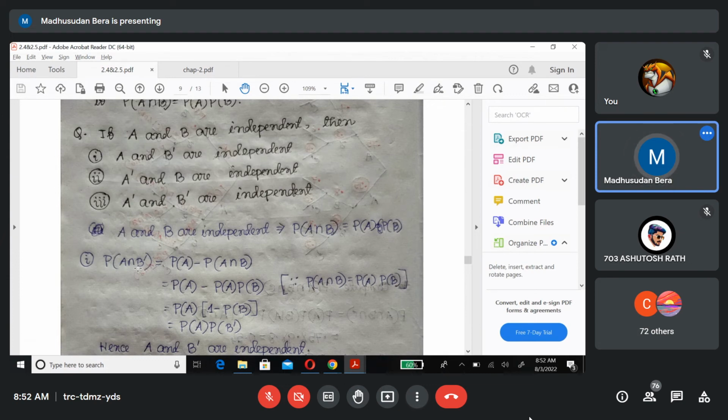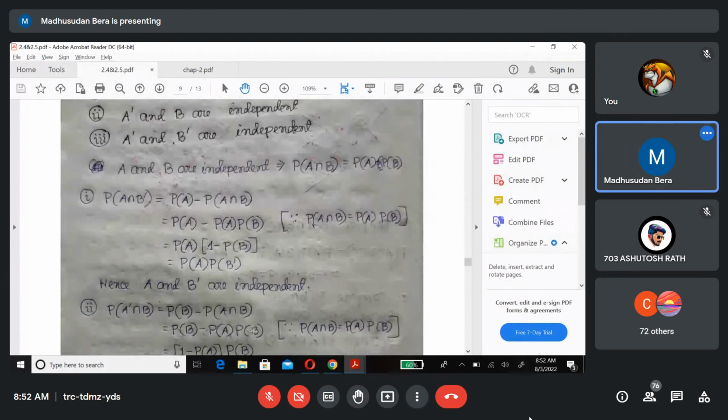By the formula, P of A intersection B dashed is P of A minus P of A intersection B. P of A intersection B, due to independence, is PA into PB. So PA minus PA into PB. PA common: PA into 1 minus PB. 1 minus PB is PB dashed. So PA into PB dashed. Starting from P of A intersection B dashed, we get PA into PB dashed. So A and B dashed are independent.